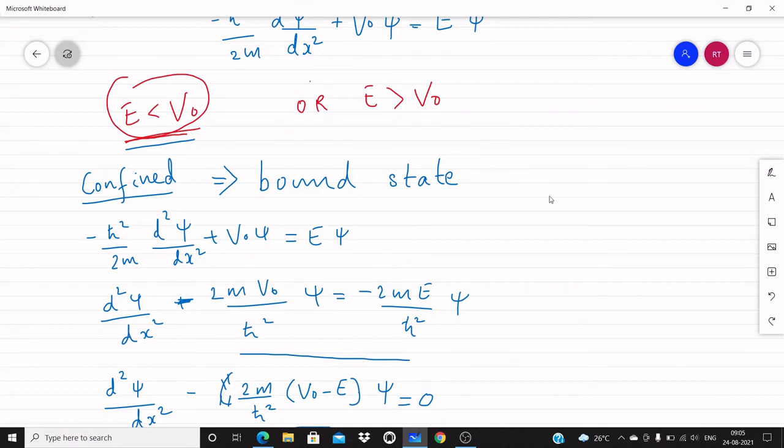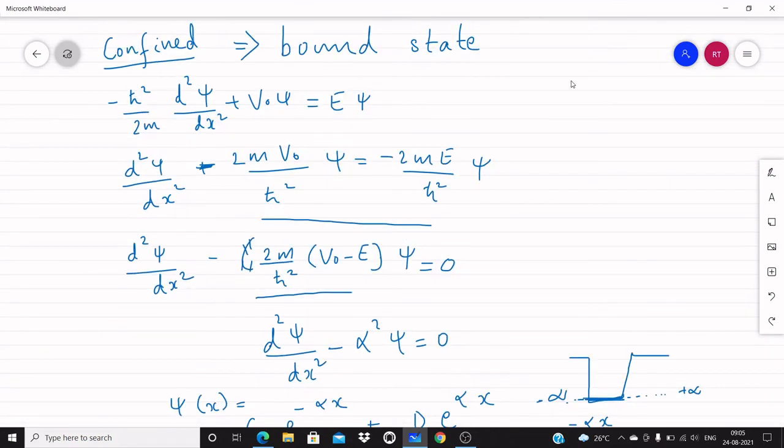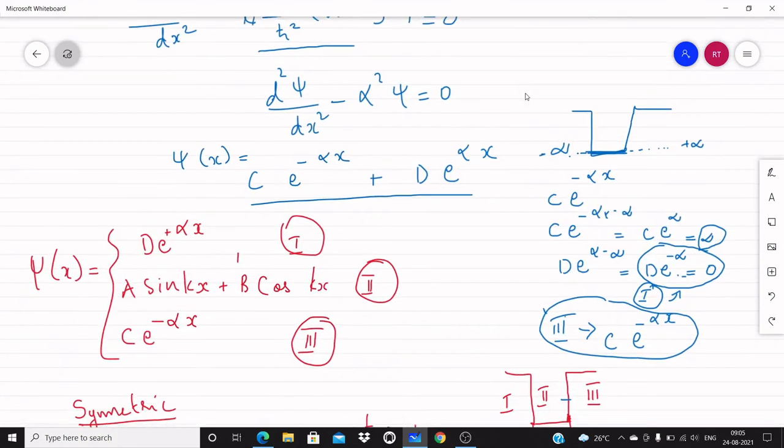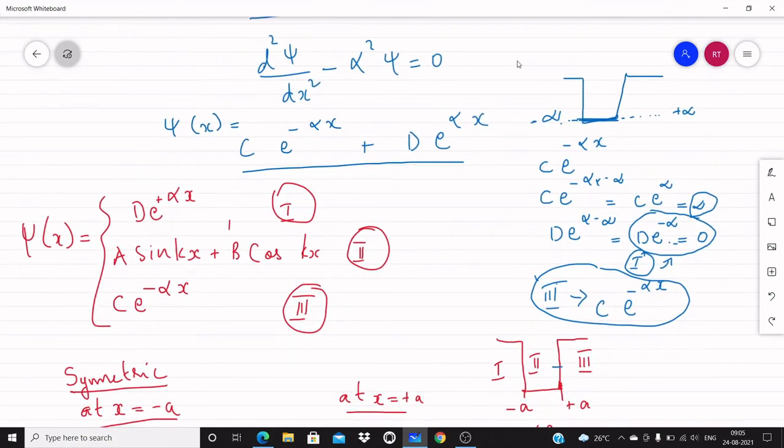So we have rearranged the Schrodinger equation using alpha square, so that the equation turns out like this. We have checked the properties of the wave function, like continuity of the wave function and its derivative.